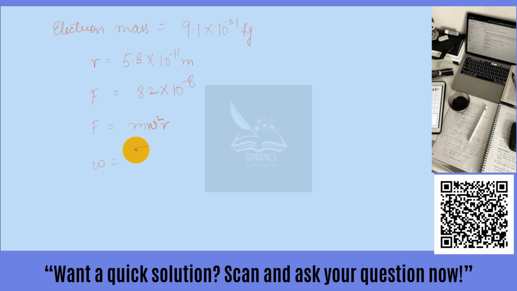Hence omega is equal to under root capital F upon mr, which is equal to under root capital F here, 8.2 into 10 raised to power minus 8, divided by 9.1 into 10 raised to power minus 31 multiplied by 5.3 into 10 raised to power minus 11.